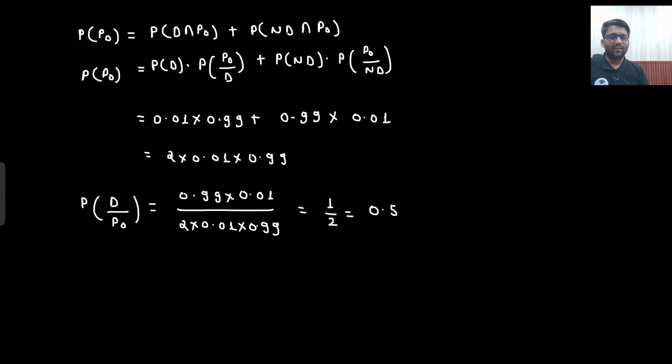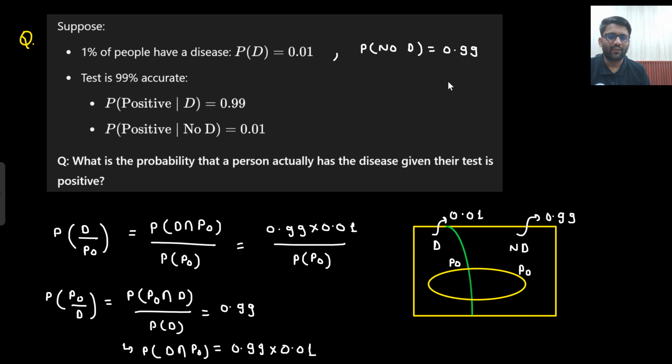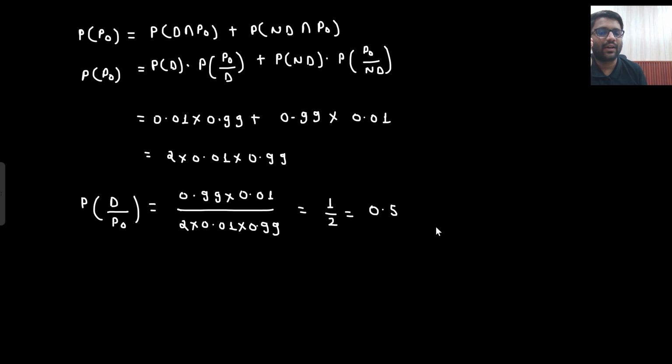That means if you are in this hospital, even if your result is coming positive, still there is only a 50% chance that you are actually having the disease. 50% chances are there that you are having the disease, 50% chances are there that you might not be having the disease. Is that clear to you?